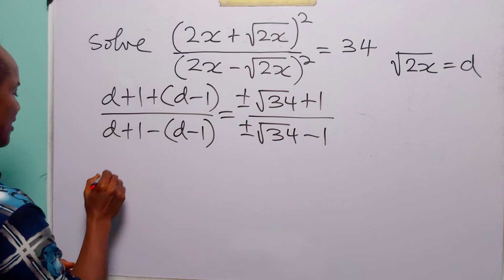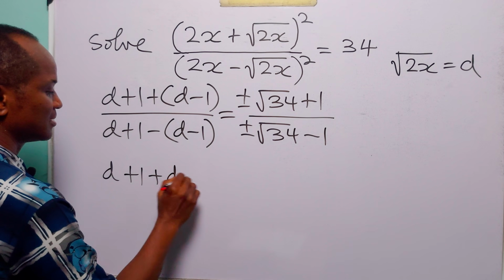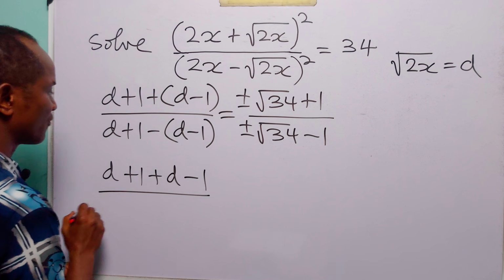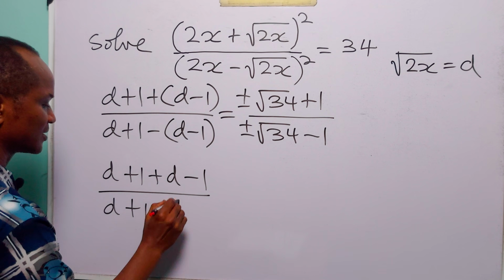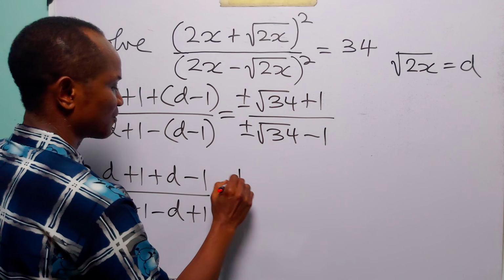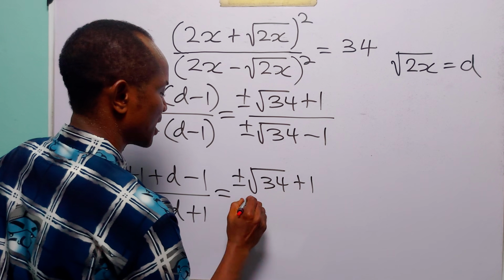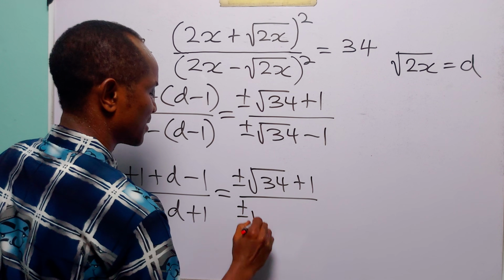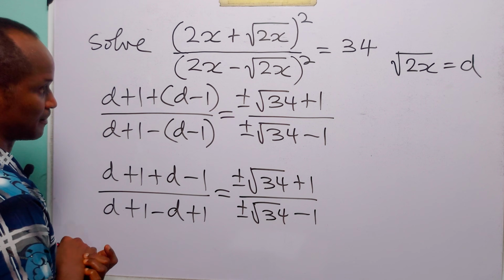Opening the brackets, we have d plus 1 plus d minus 1 over d plus 1 minus d. Minus minus is plus 1, and this is equal to plus or minus root 34 plus 1 over plus or minus root 34 minus 1.